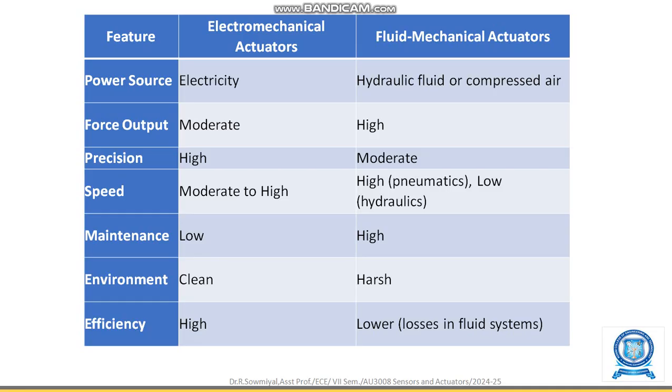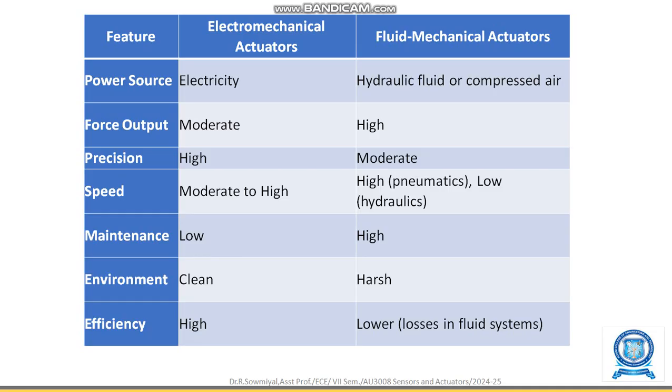Speed is moderate to high in electromechanical actuators. In fluid mechanical actuators there are two types, one is pneumatic and the next one is hydraulic. Speed is high in pneumatic actuators and low in hydraulic actuators.